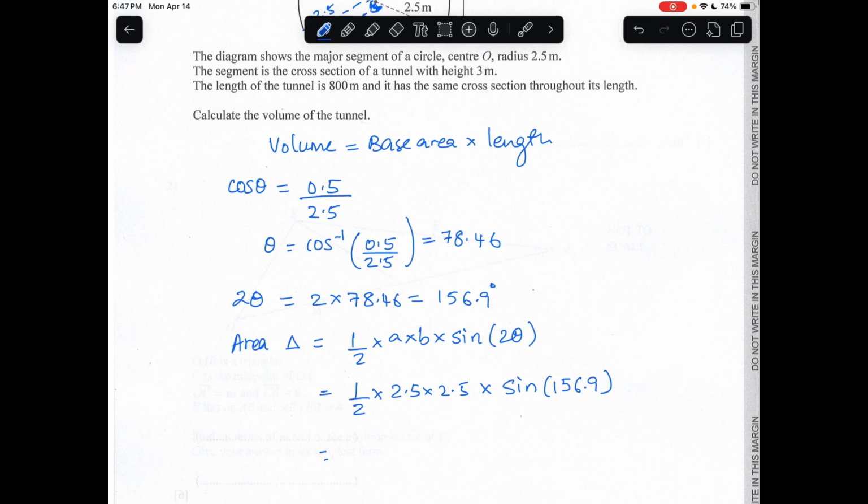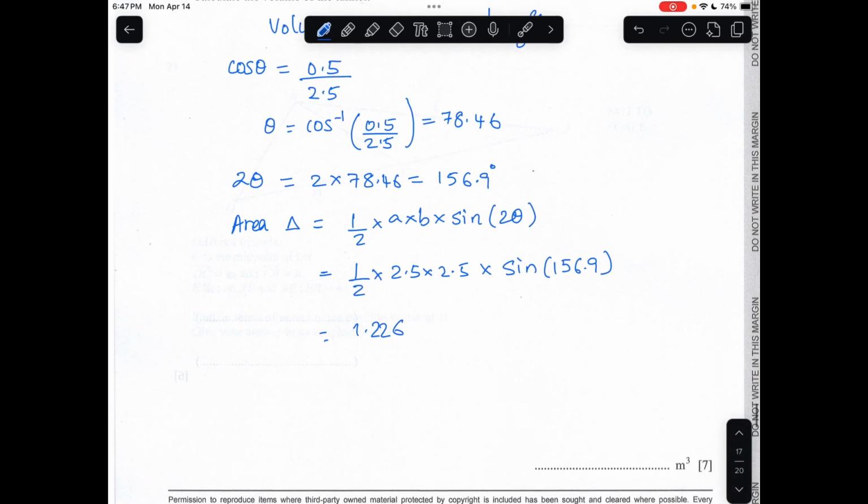This is going to be equal to 0.5 times 2.5 squared times sine 156.9. This is going to be 1.226.